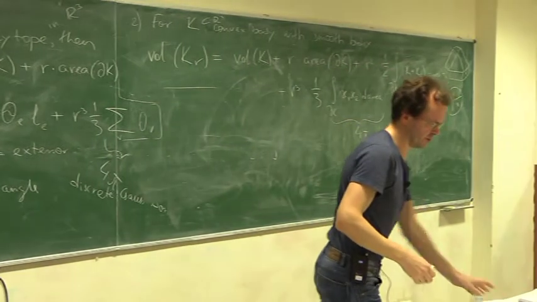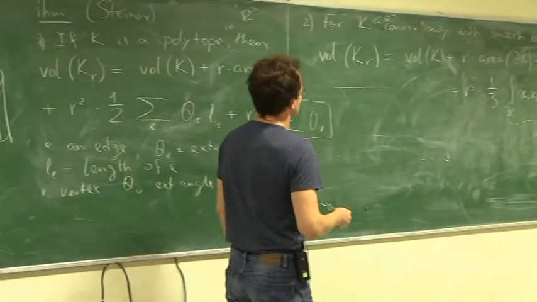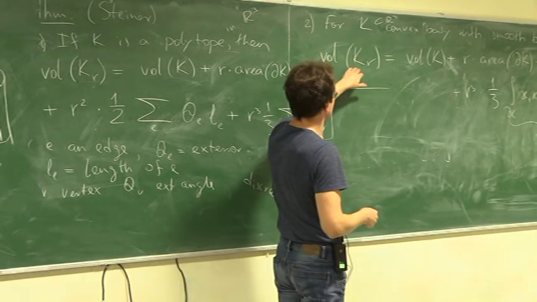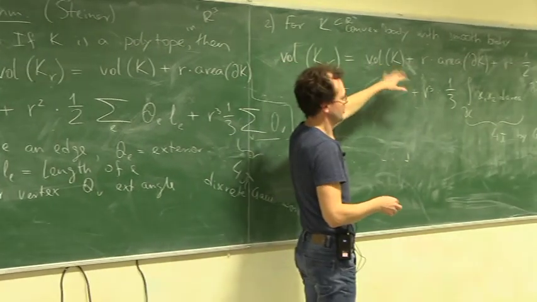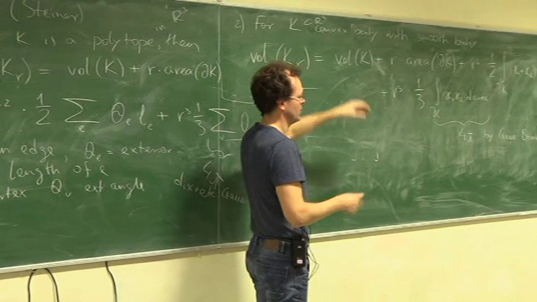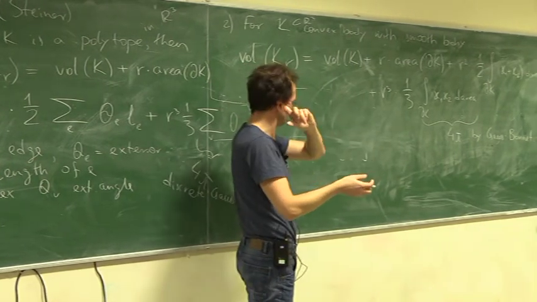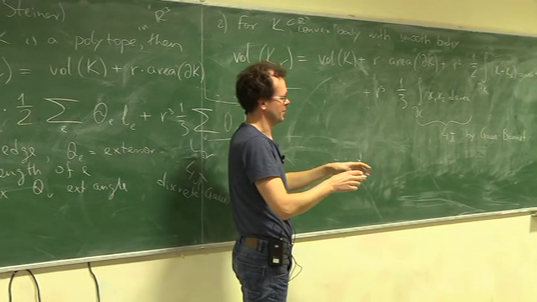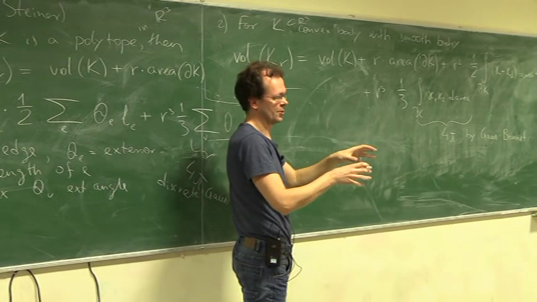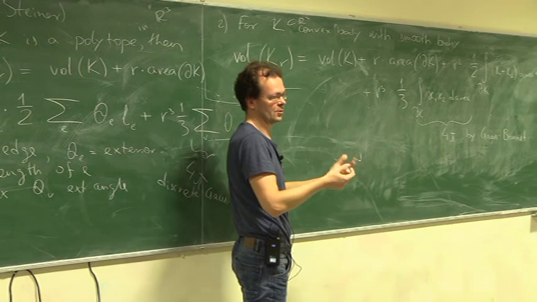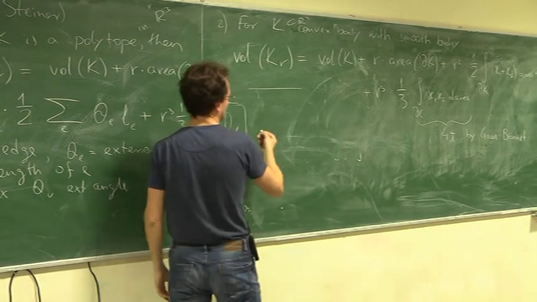So for this we look again at the volume of K, because K_r contains K. Now we are left with a shell around K. How to compute the volume of a shell? For this we should find some parameterization of this shell and then compute the volume as we are taught in differential geometry.